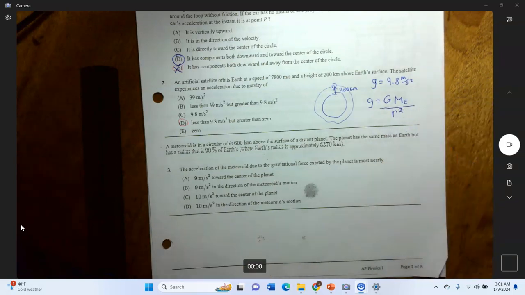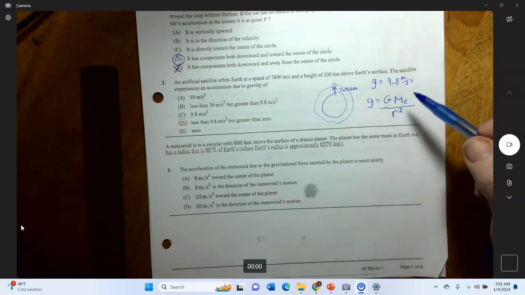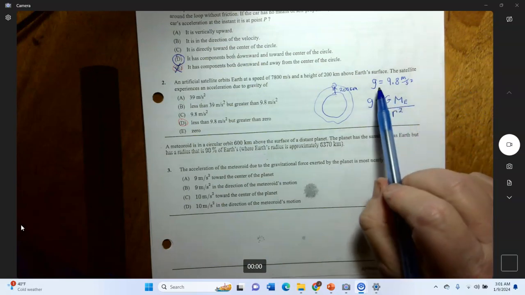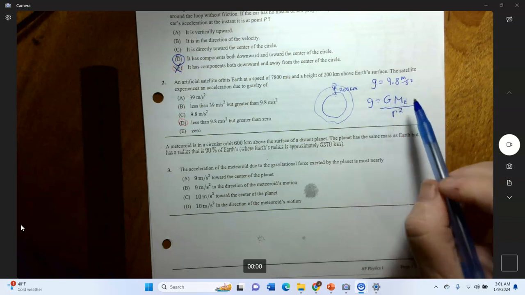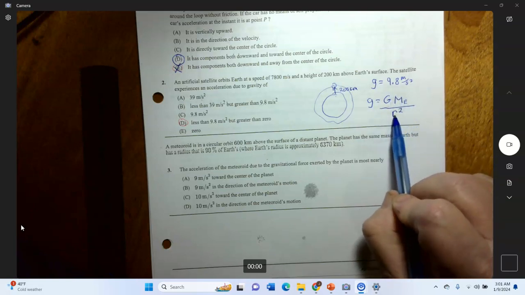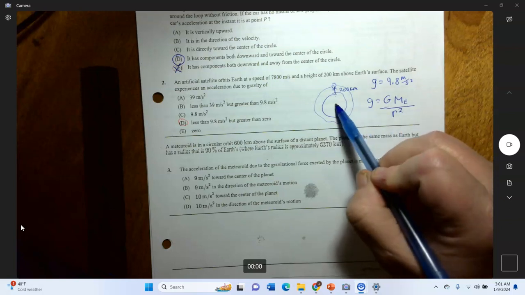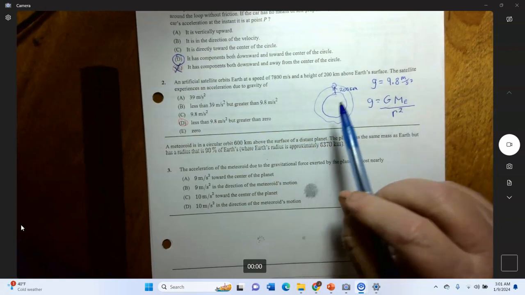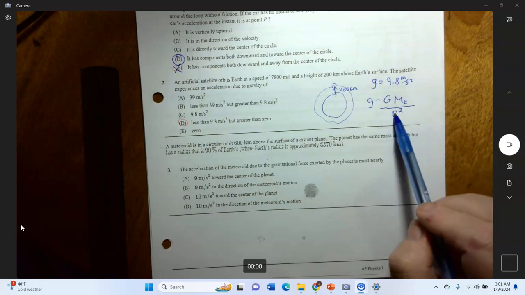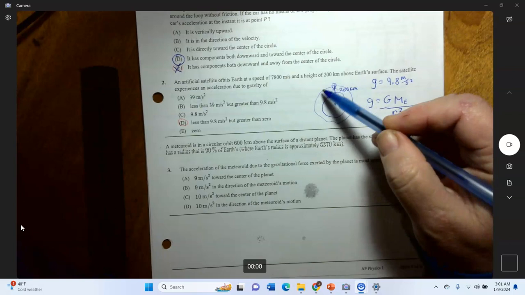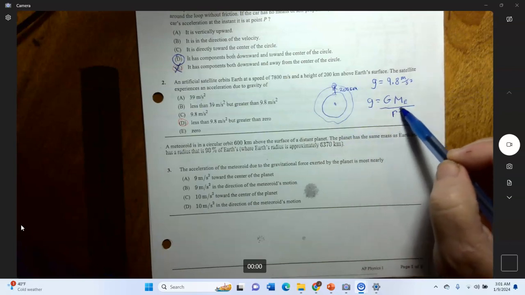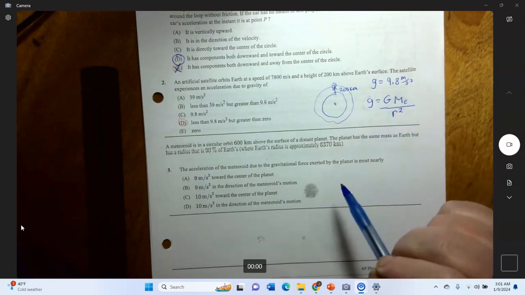R and d mean exactly the same thing, okay? So all you need to understand is on the Earth's surface, this is the gravitational acceleration, and it has a certain value of r, from the center of the Earth to the surface. If it's 200 kilometers above, then r is a little bit farther. It's from the center to this bigger circle out here. If this number is bigger, then this number is going to get smaller.